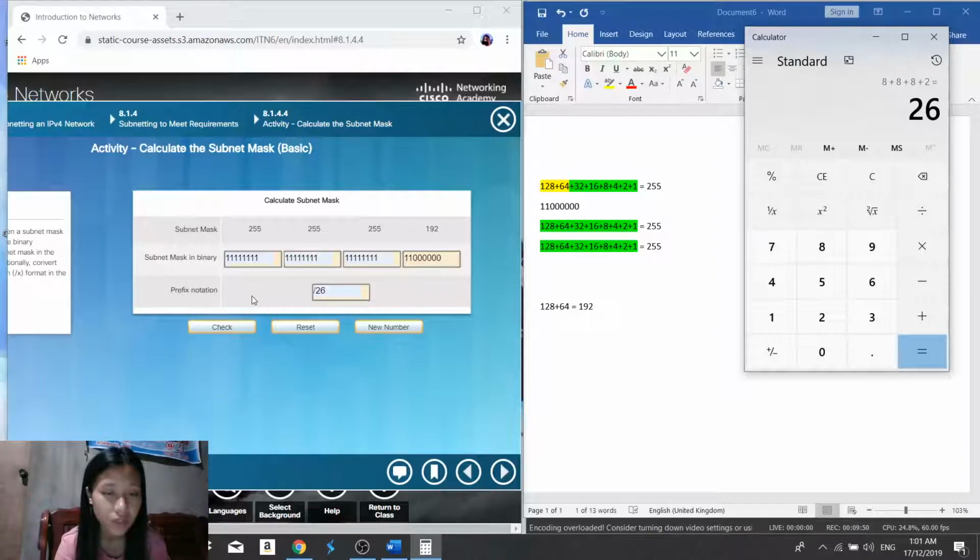All of these are 1 because the total of these is 255. All the numbers that you get will be 1, and all the other numbers will be 0. That's how I got this activity.